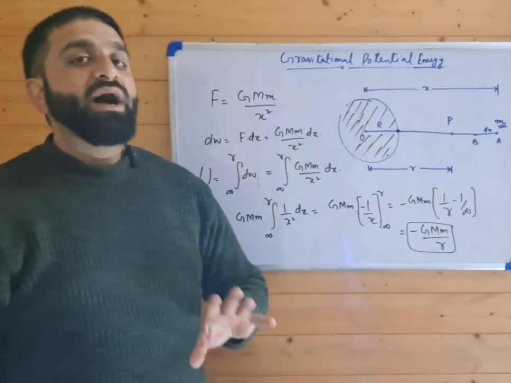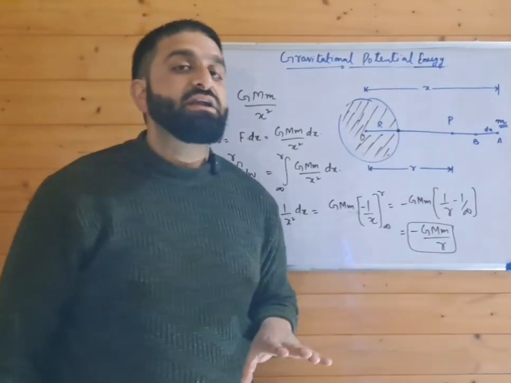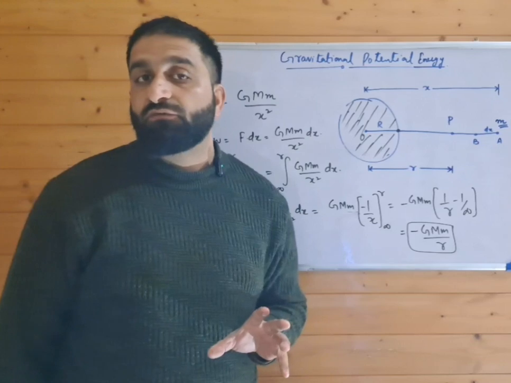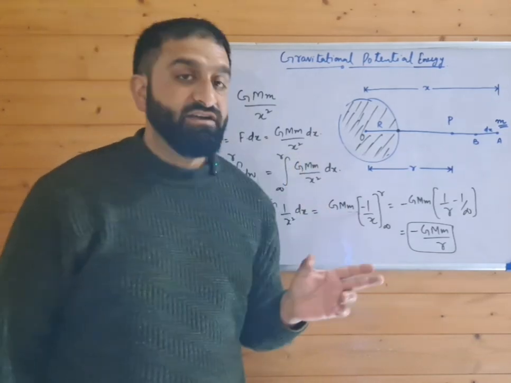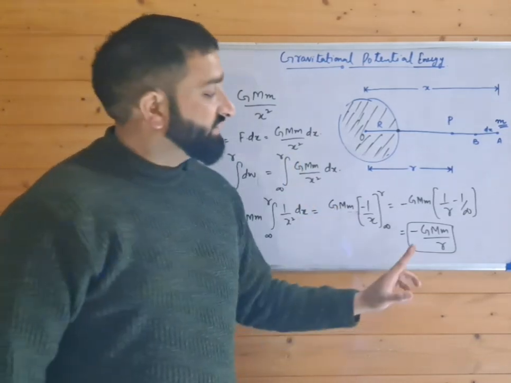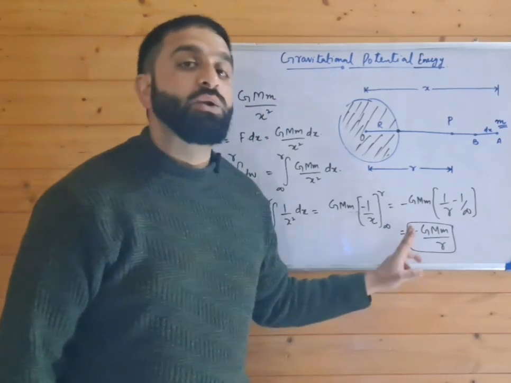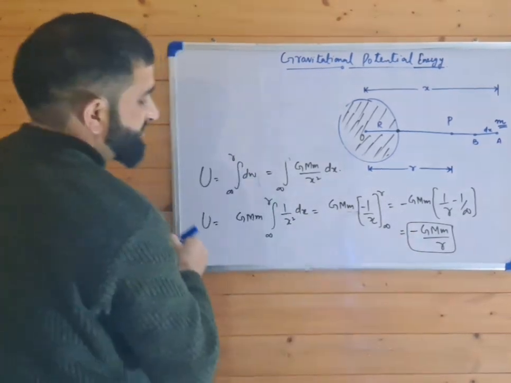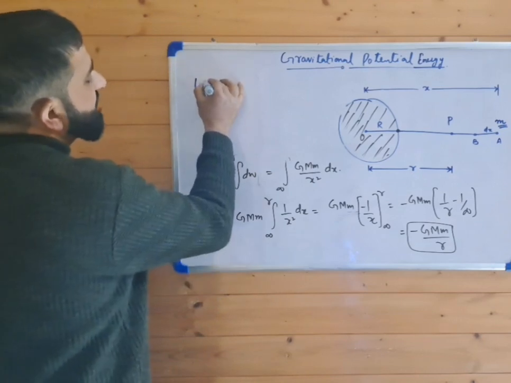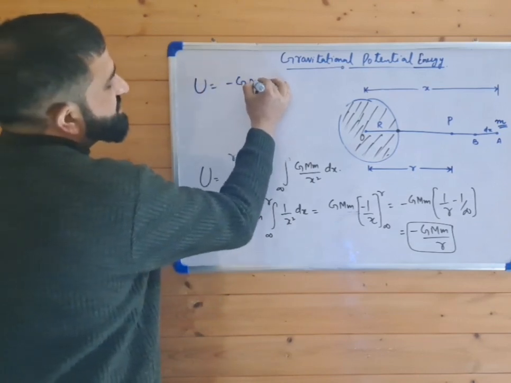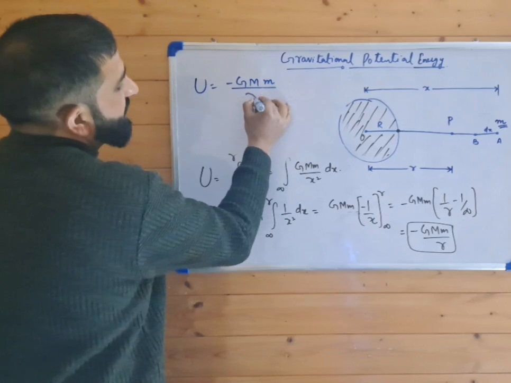Now why is it minus? Because the gravitational force is an attractive type of force, that means the work is done by the field. As the work is done by the field, the sign will be negative, as discussed in the potential. So the potential energy U is equal to minus GMm divided by r.